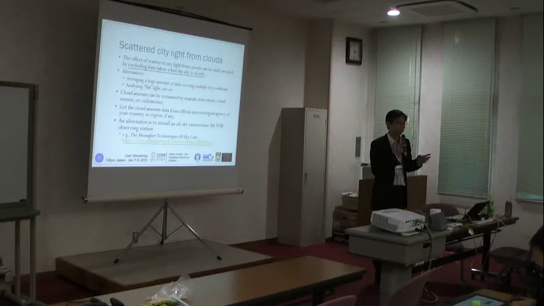For such a long period of time, you record the sky condition under every cloud condition. So if you analyze the data and find the average of these 2 years, it will give you an average effect of cloud.